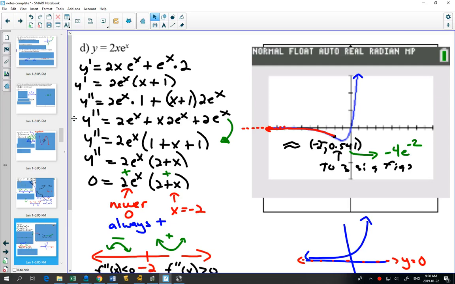Although, if you're trying to graph this accurately on graph paper, plugging in the point -4e to the -2 is not something that's easy to say, oh yeah, I'm really good at estimating where that is. So you would need to go to your calculator to figure out that that value is -0.5-ish, written there to 3 sig figs to get it more accurate.